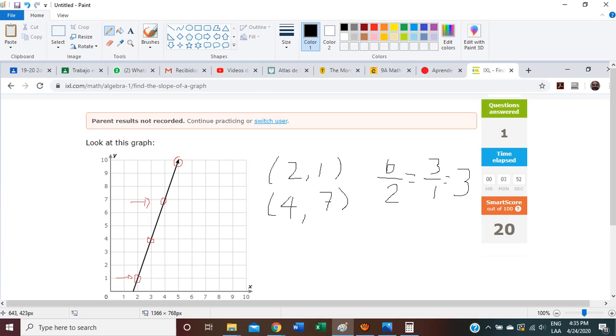Remember, just to mention that if, let's say, instead of 2 I had a 6, so 4 minus 6 equals negative 2, right? So it will be 6 divided by negative 2 equals negative 3. So just pay attention to that.